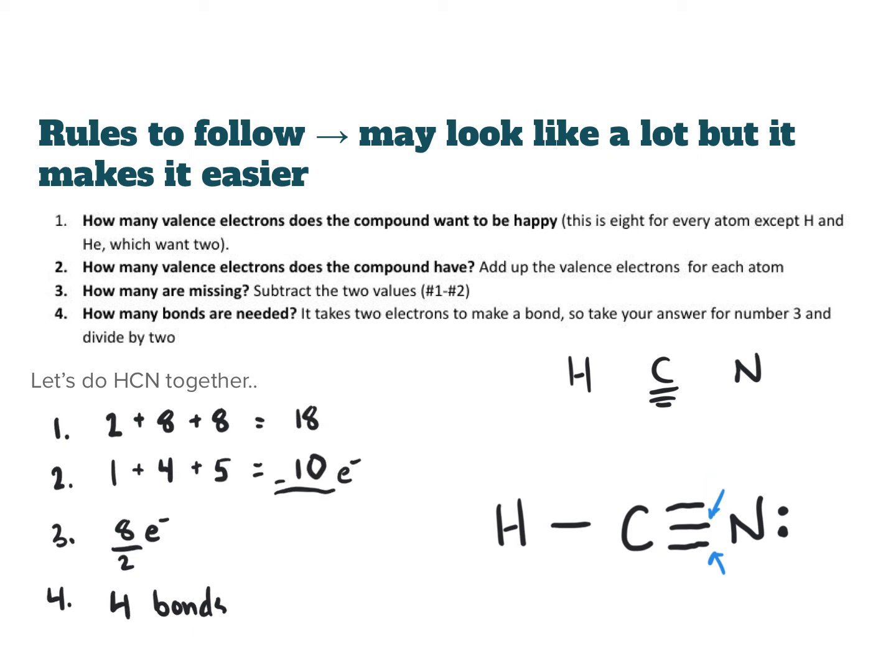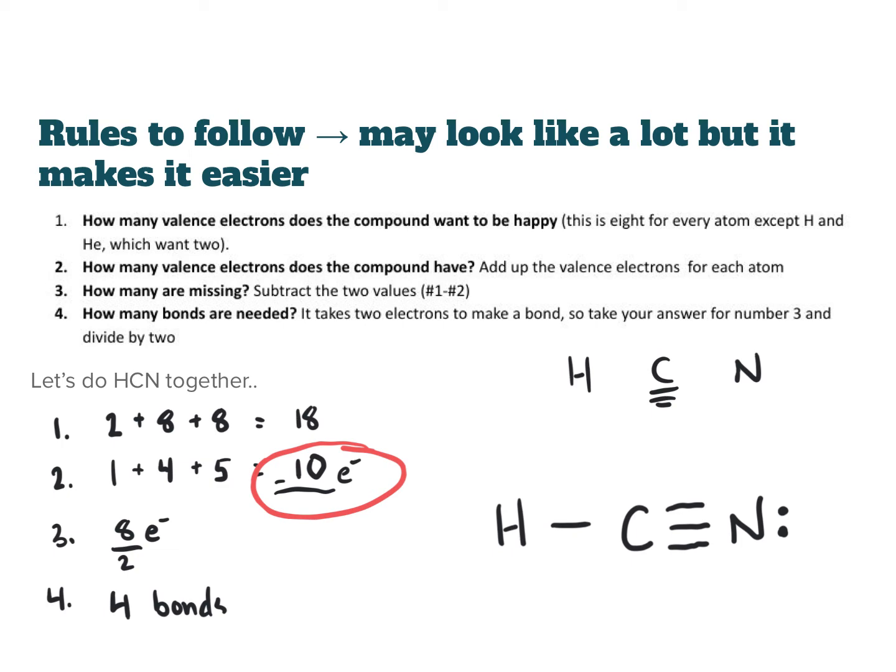Now you're probably wondering, how do I know that I got the correct number of everything? Well, here's the little trick to make sure that everything matches up. Your answer should match number 2.